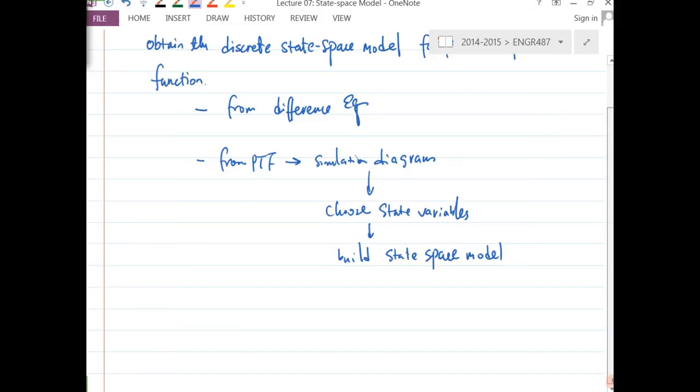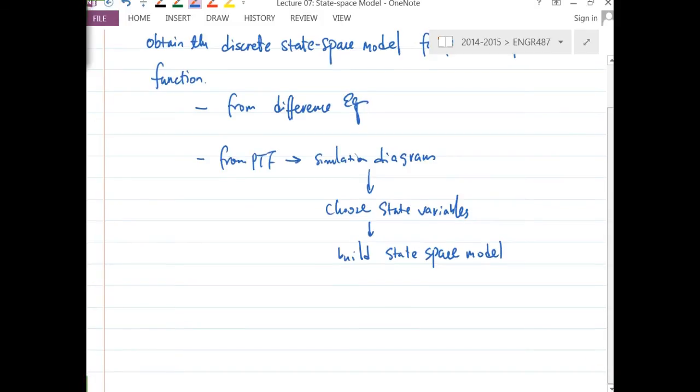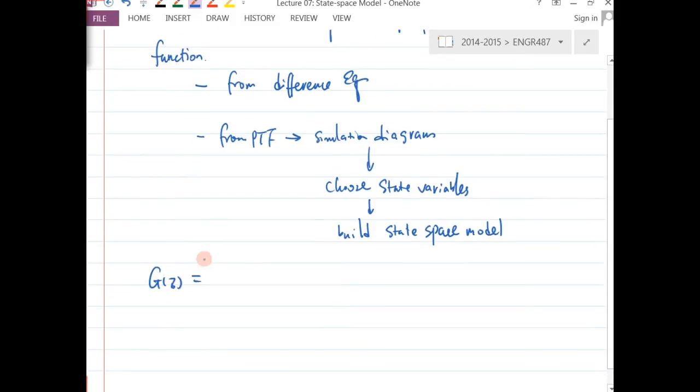Without losing any generality, let's define our pulse transfer function as a fairly general formula.